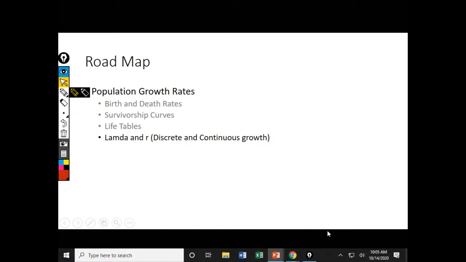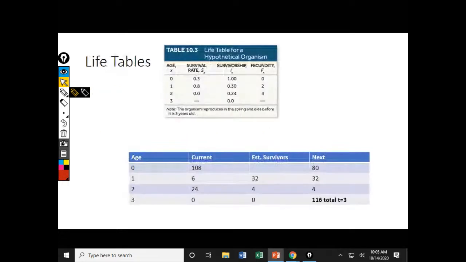So we had just finished talking about our life tables, and we had just done sort of a multi-year example.